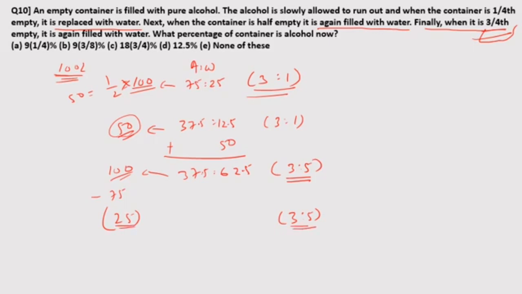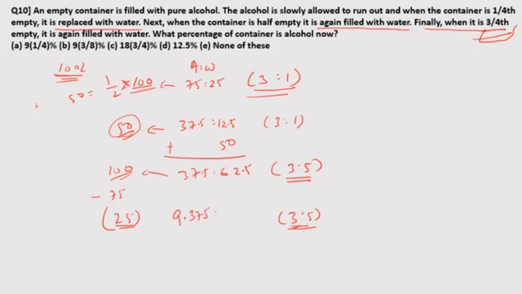3:5 means 8 units. 8 units corresponds to 25. So 1 unit equals how much? 25 by 8. That is how much, guys? Let me just check. That is 3.125. 25 by 8 is 3.125. 3.125 into 3 is basically how much? 9.375, right?